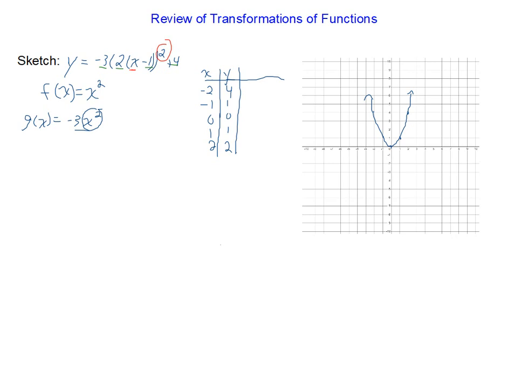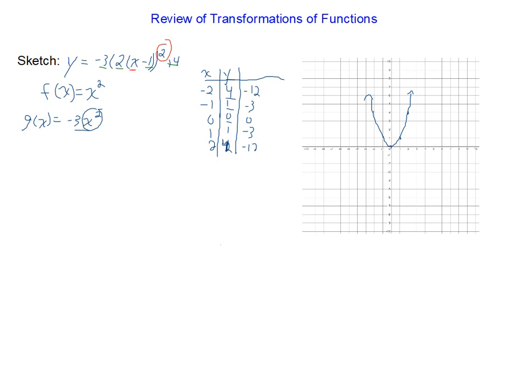If we take this value here and multiply it by -3, and this value by -3, and so on, we end up with -12, -3, 0, -3, and oh, I made a mistake here. Sorry about that. That should have been a 4. So when we multiply that by -3, we get a -12.